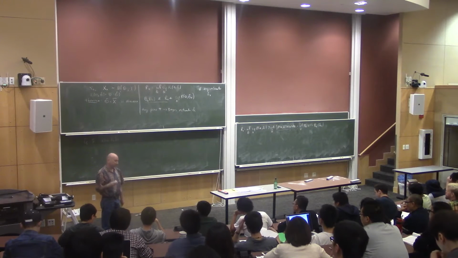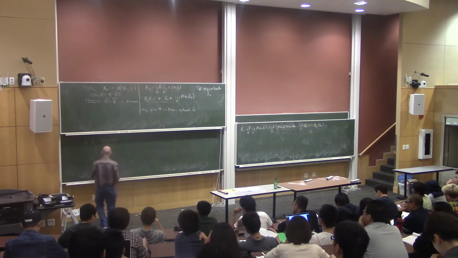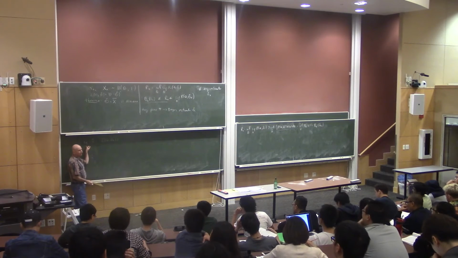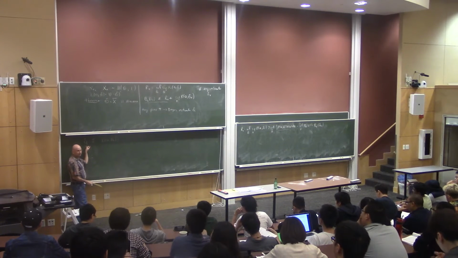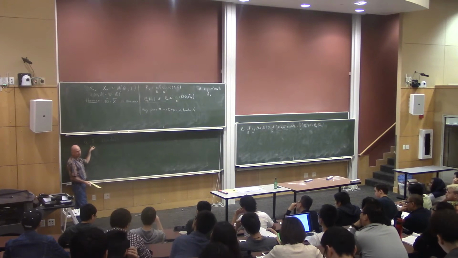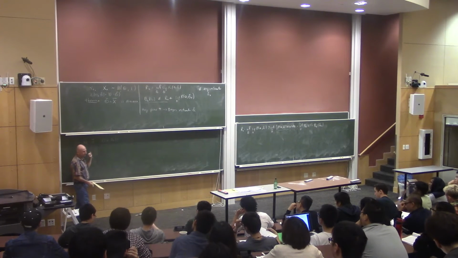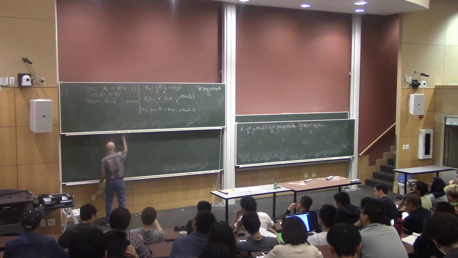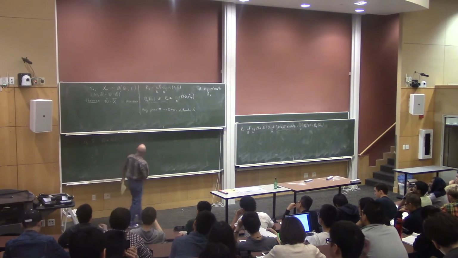Mean squared error is the bias squared plus the variance. And what's the bias of this? 0. So the mean squared error is the variance, which is 1 over n. So now we have an upper bound.